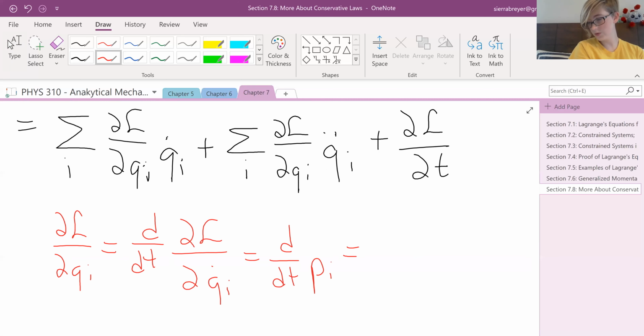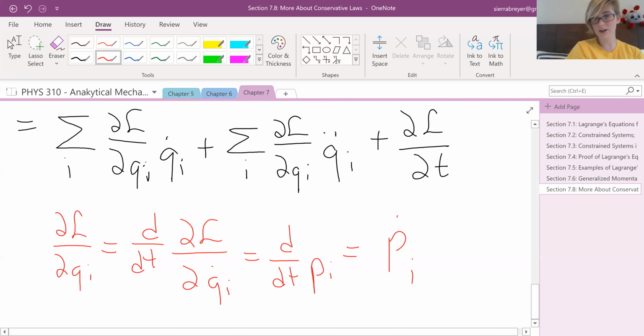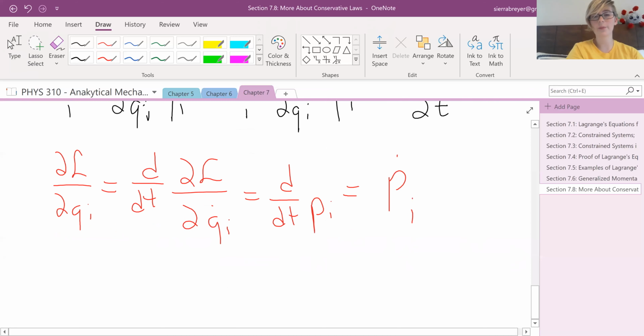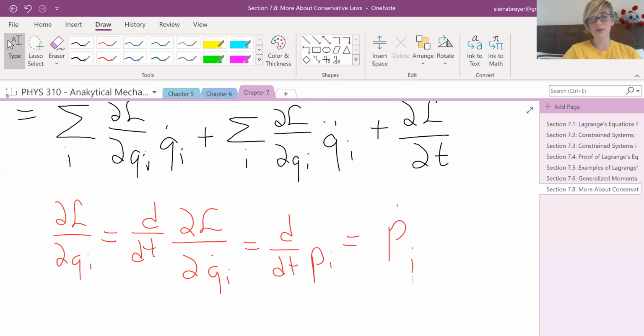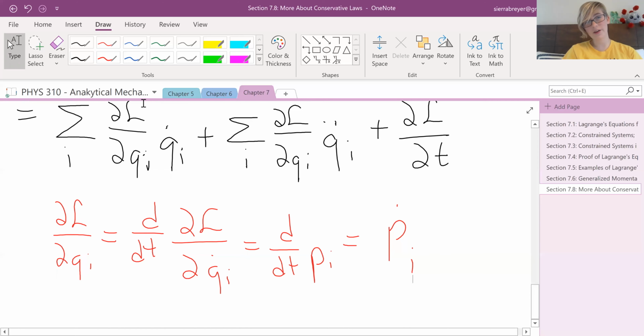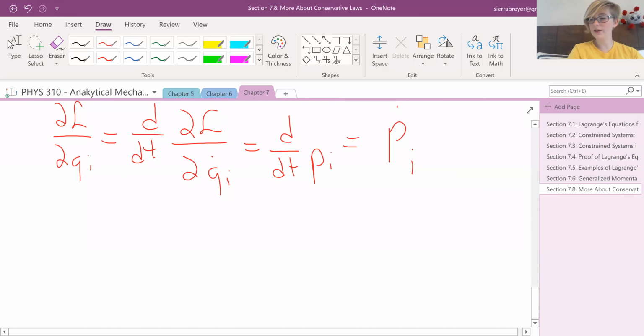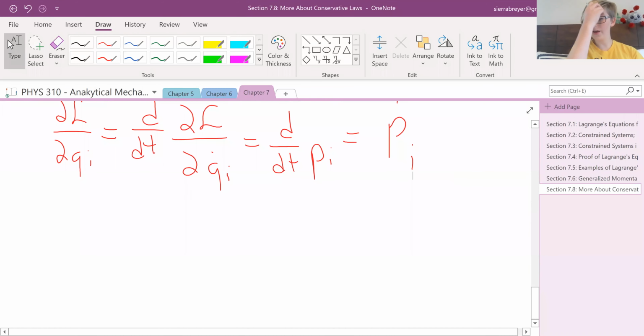Which is equal to all of our p in that i direction, and its time derivative. Great, we nailed it. Okay. So from there, we're going to use this information we have right here and fill it in for this and this, just to make everything a lot nicer on us. And that'll contribute a lot more to our energy in the long run.